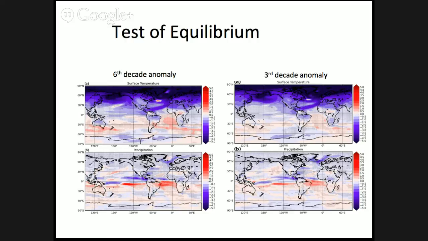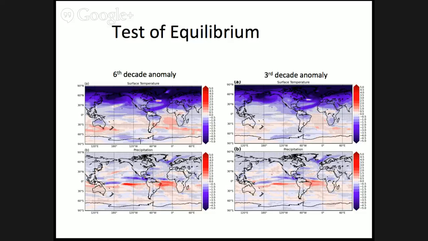You see that the patterns of the surface temperature anomaly are basically the same. There's cooling in the Northern Hemisphere and warming in the Southern Hemisphere, and there's detail like this cold tongue shown here, and small warming spots here. They're all the same at 3 decades, and the precipitation is also showing the same pattern.